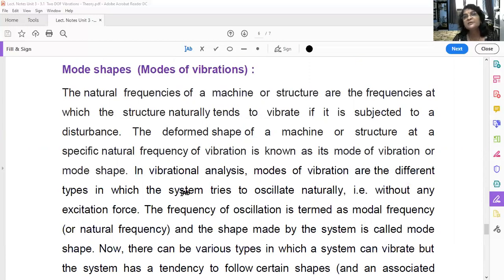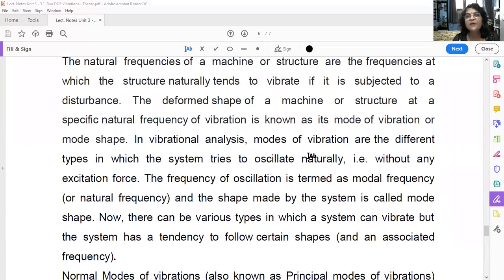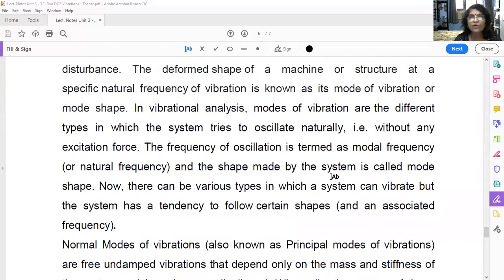In vibration analysis, modes of vibration are the different ways in which a system tries to oscillate naturally. See, naturally is very important. It's not forced vibration. That means without any excitation force. The frequency of oscillation is known as the modal frequency or natural frequency, and the shape made by the system is called the mode shape or mode of vibration.